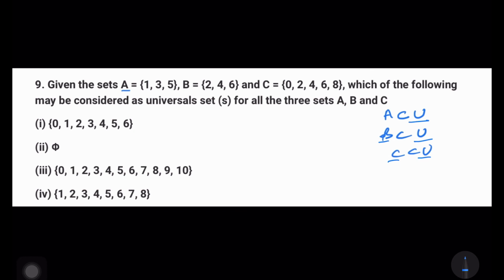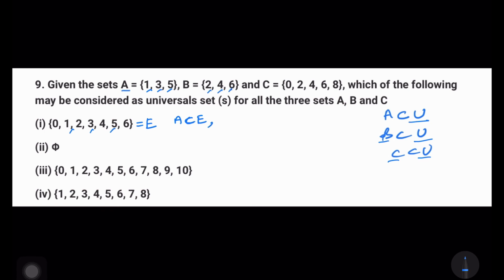So now here you can see, suppose you take this set as E. Is A a subset of this? Yes, A is a subset of E, because 1, 3, 5 is in both of them. Next, B: is 2, 4, 6 in this?